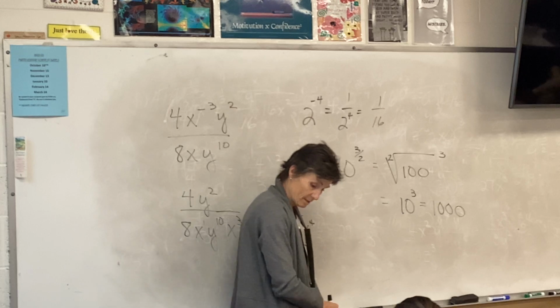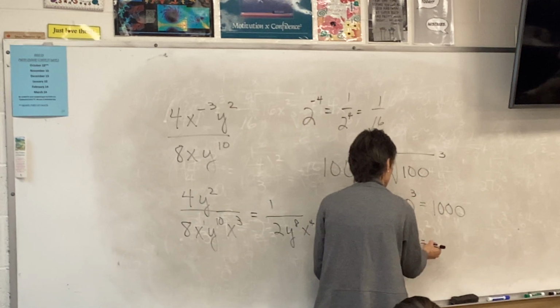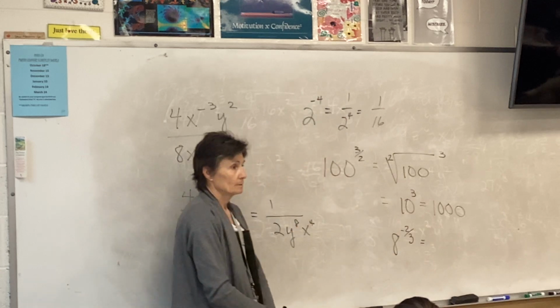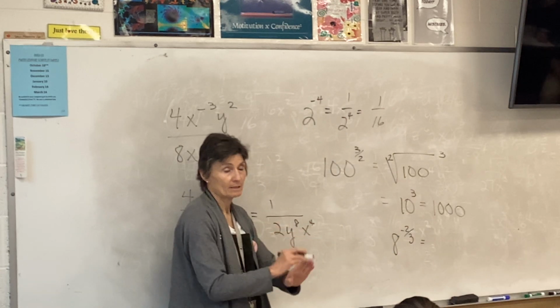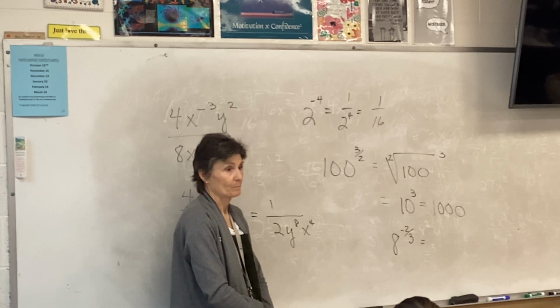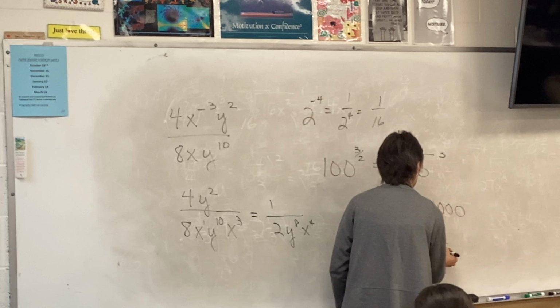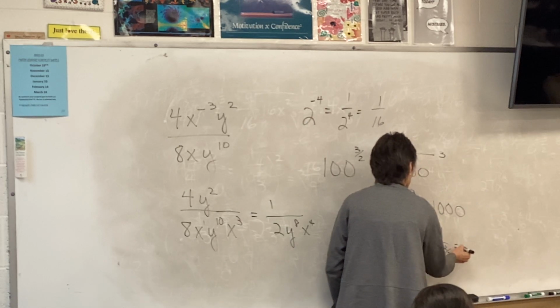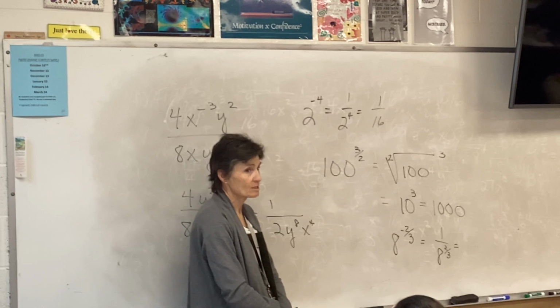Last one in this column, 8 to the negative 2/3. First of all, there's a negative. Take care of it. So what do we do with it? 1 over 8. Remember, we do not mess with the exponent.